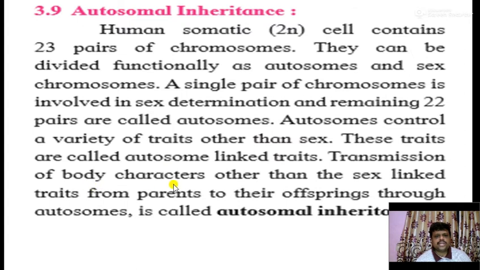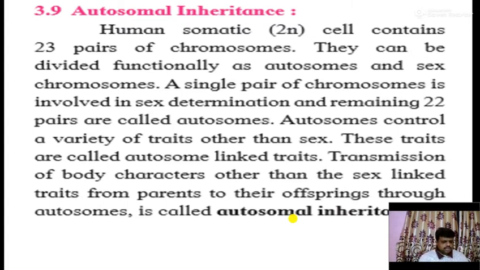Transmission of body characters other than sex-linked traits from parents to their offspring through autosomes is called autosomal inheritance. So as I said earlier, chromosomes transmit some characters from one generation to the next generation. So that is called autosomal inheritance.